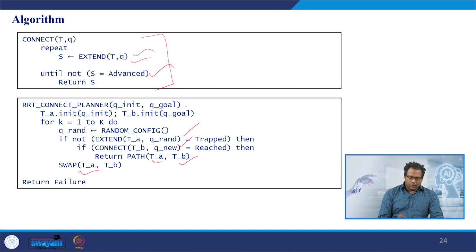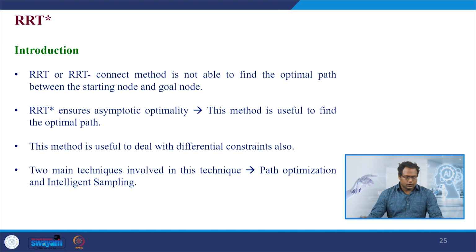So, you start extending one to reach the new node as its target, then once it is reached, you can swap and continue this procedure. If not, return failure and continue freshly with the new iteration. That is all. Now, let us talk about something called RRT star.